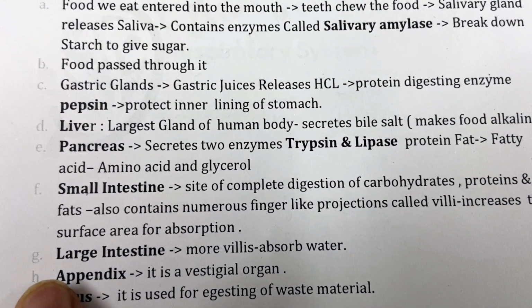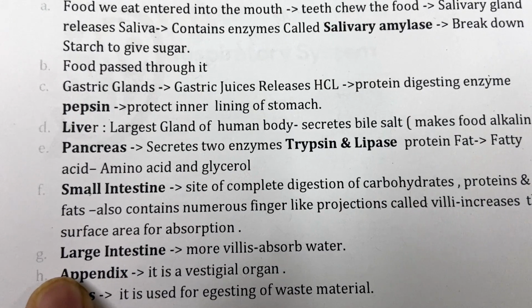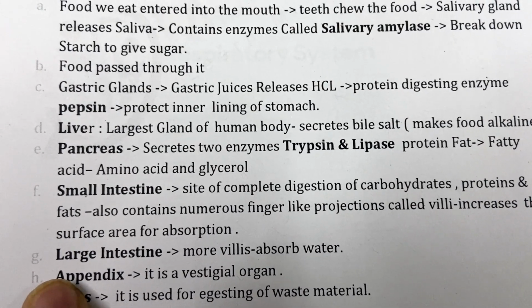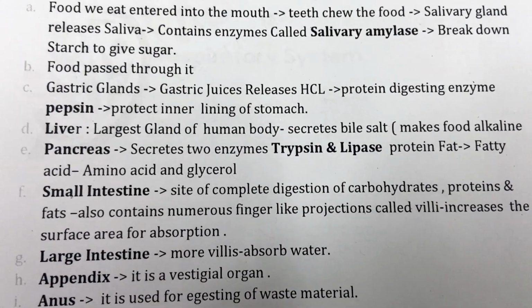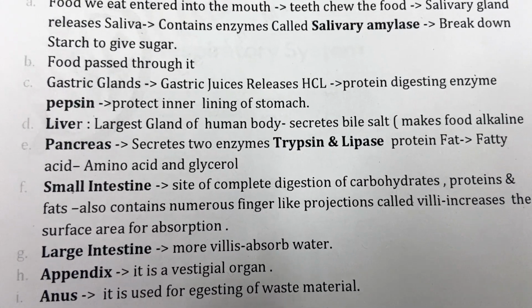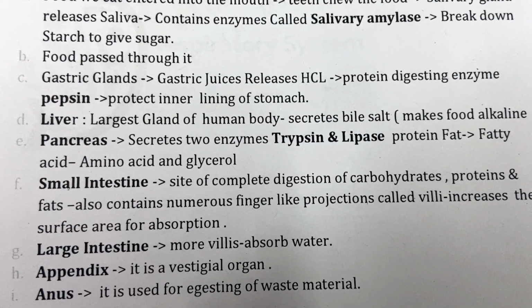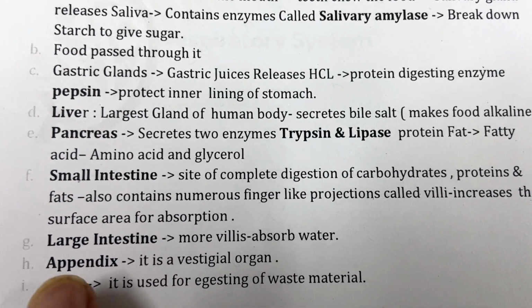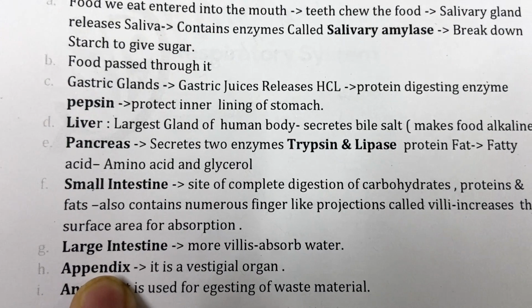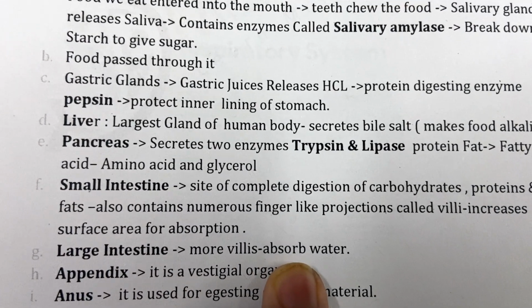We should remember that the large intestine is divided into three parts: cecum, colon and rectum. The colon part of the large intestine has a finger-like projection which is known as the appendix. This appendix is a vestigial organ.